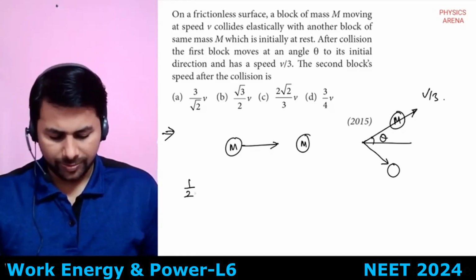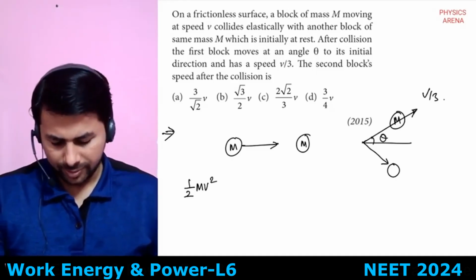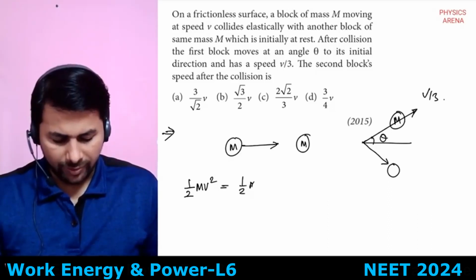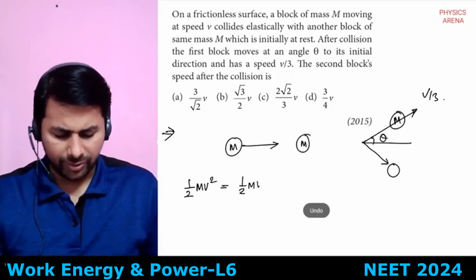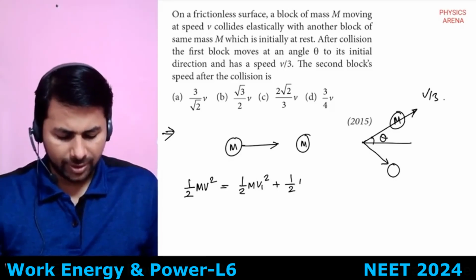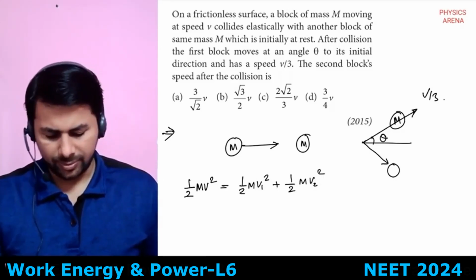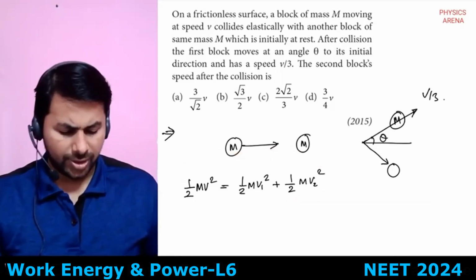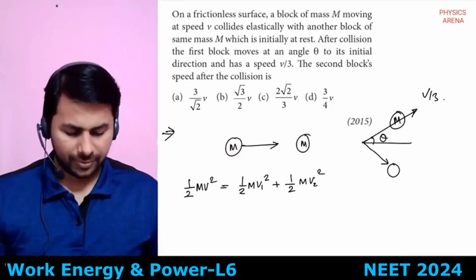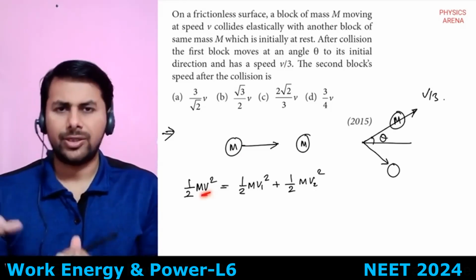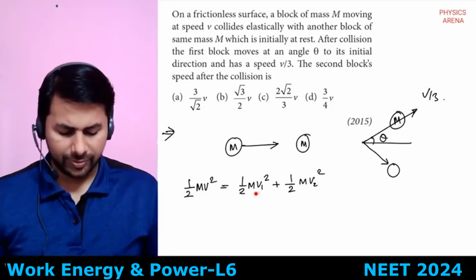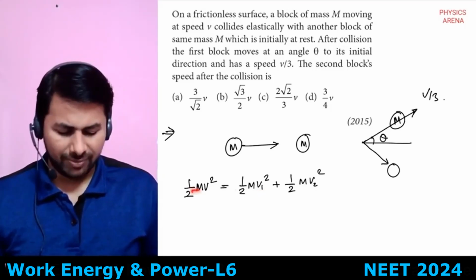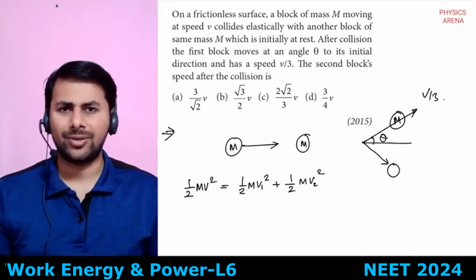So I can say half m v square is equal to half m v1 square plus half m v2 square. Why am I choosing this formula? First of all, because I just want to find the speed, and I know the initial speed and the final speed of the first body, and masses are also known. So there is only one unknown.